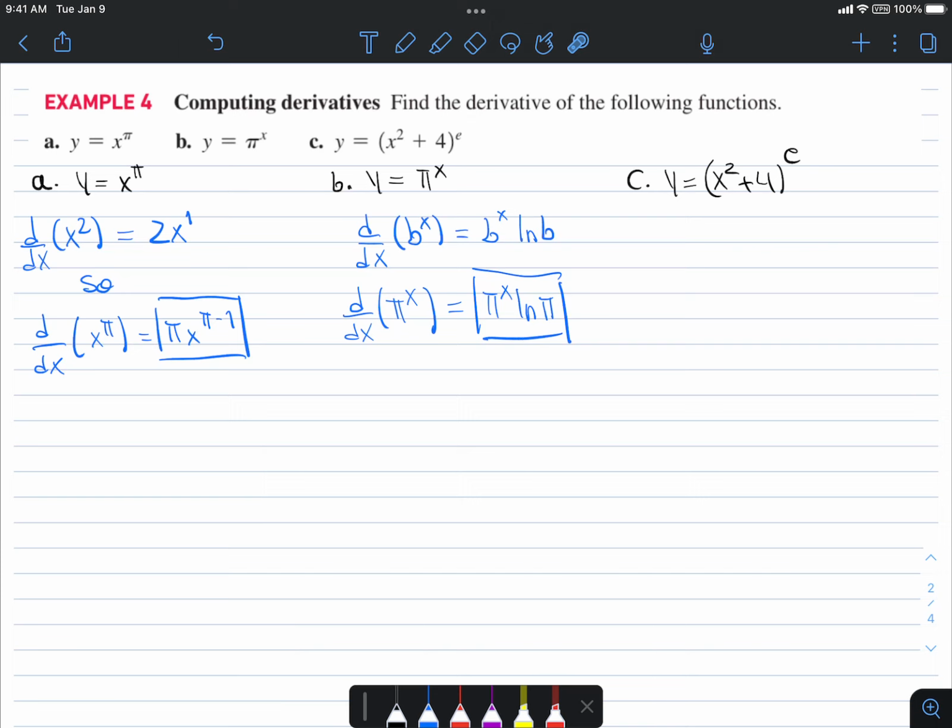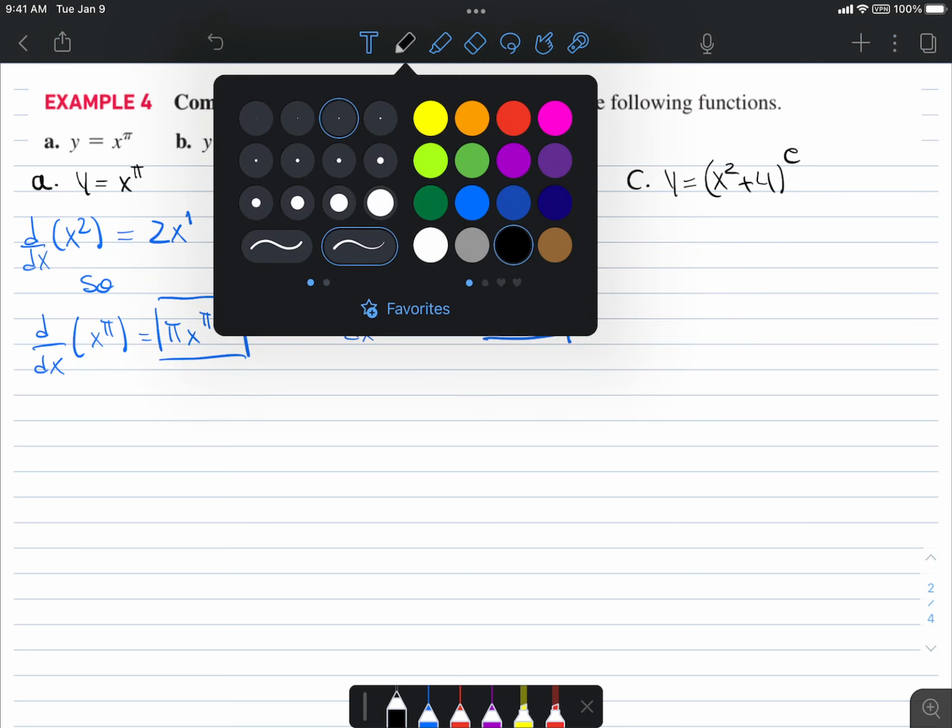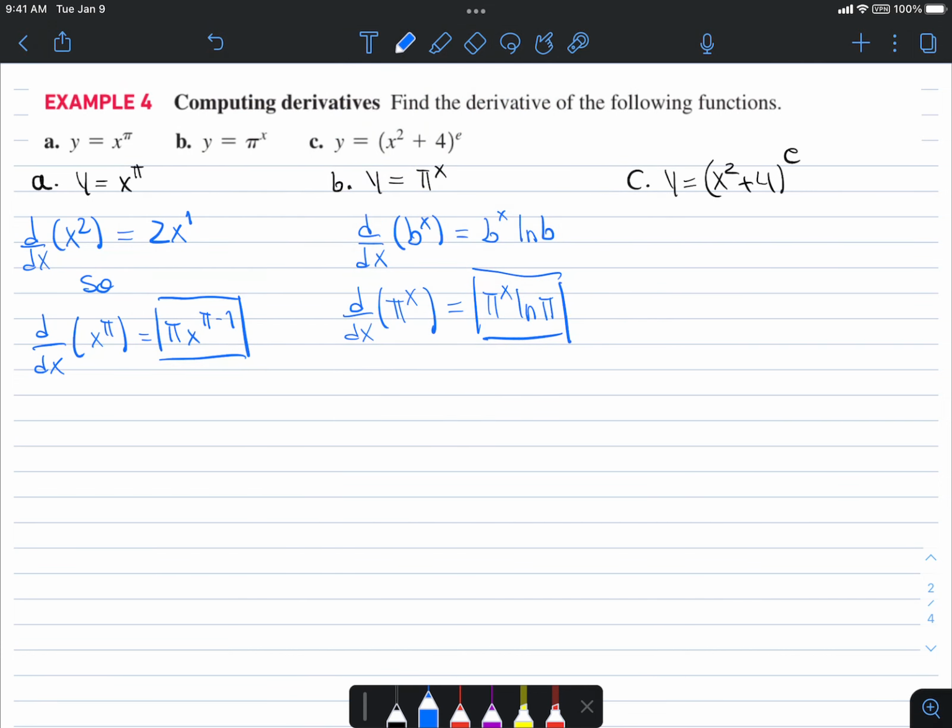So using the chain rule, I can do d dx of x squared plus 4 to the e power. I do the power rule first, so the power comes down, function to the power minus 1, and then the derivative of the function inside, which is x squared plus 4.